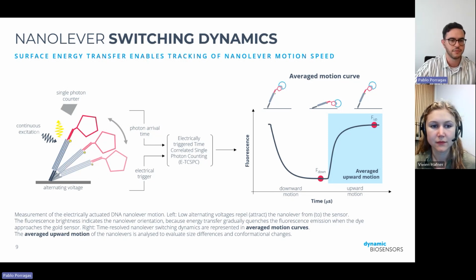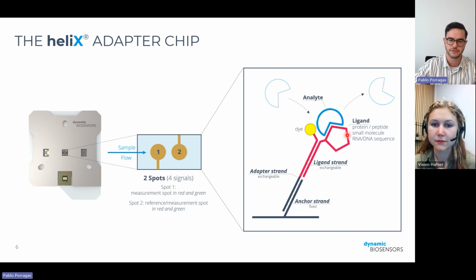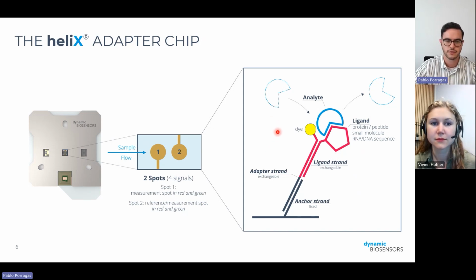In that way, we'll be able to see how the analyte is binding to the ligand by this change in the fluorescence of the dye. Then we can also flush in buffer afterwards and look at how the analyte unbinds from the ligand. So we can generate both the K on and the K off rates for that interaction.